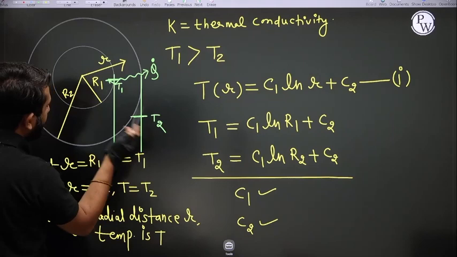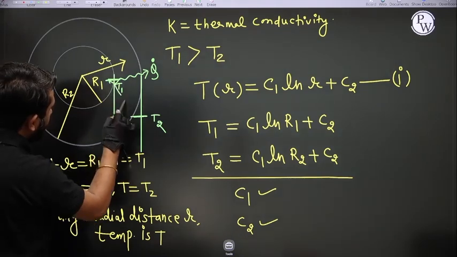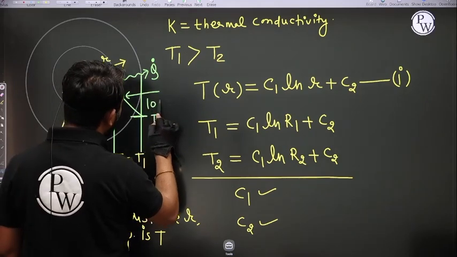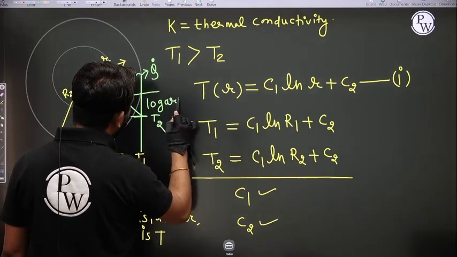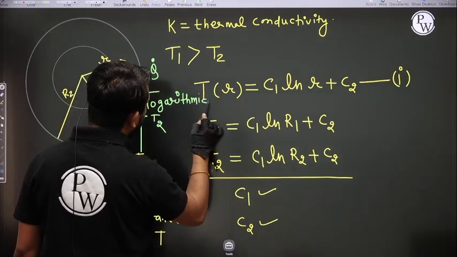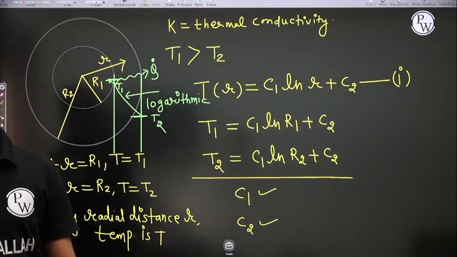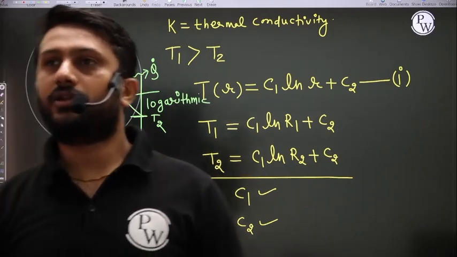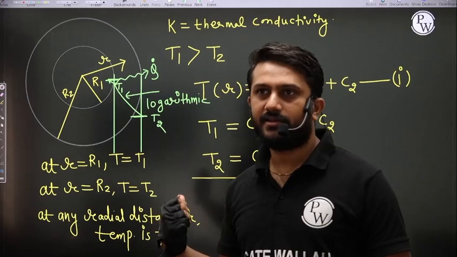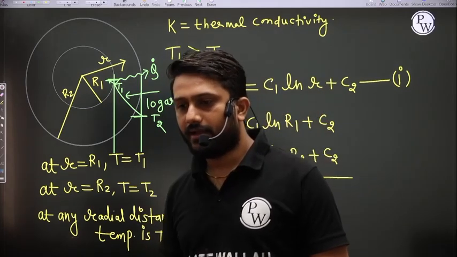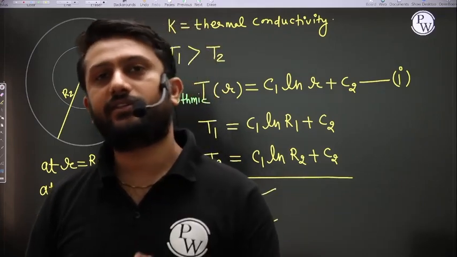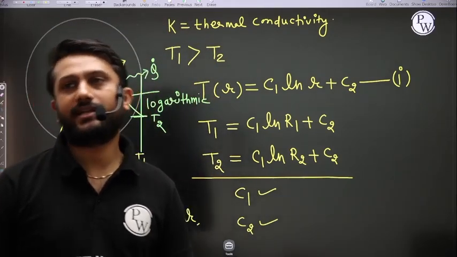So the temperature variation with respect to R is a logarithmic variation. Is it clear? Is it fine? So the first objective was to find the temperature variation with respect to space. Here I found the temperature variation with respect to R. So that is the first objective.